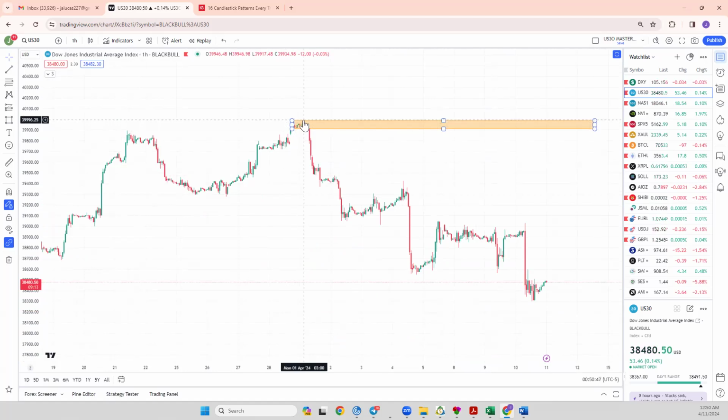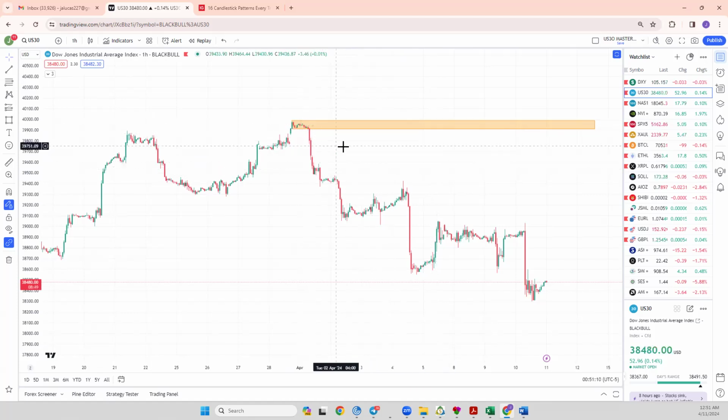And that's really what I rely on, the fact that it's an area. Price does not have to come to that exact price level where price rejected that high right there. It doesn't have to get right up there. It just has to get up to the area. It just has to get close. That's it.